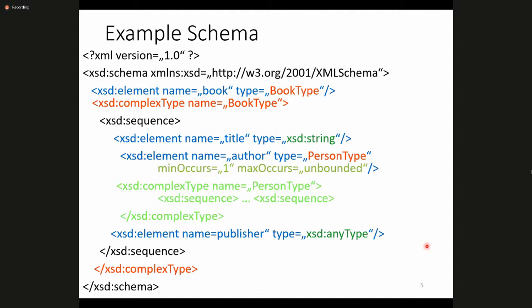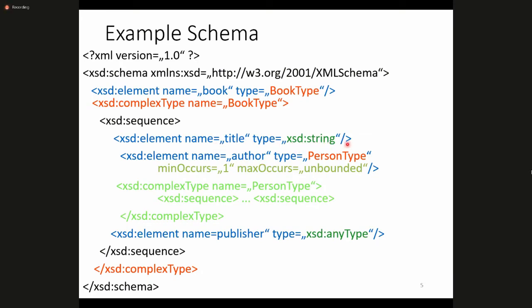Let's start with data types. Here you can see element name is title, type is string.